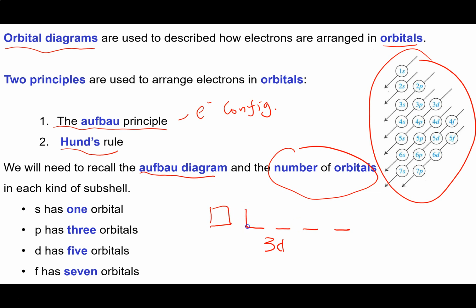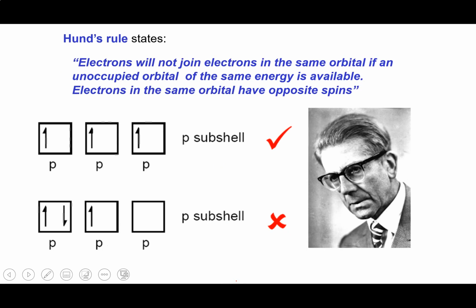Sometimes people will draw boxes. That's okay. It's a bit of work. Sometimes people will draw circles. I don't really like the circles myself. I just find it a little awkward. I normally go with one line for every orbital.